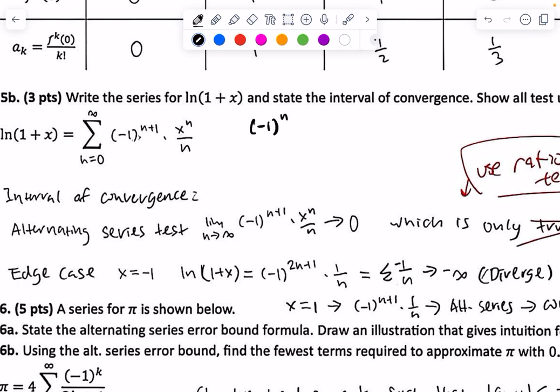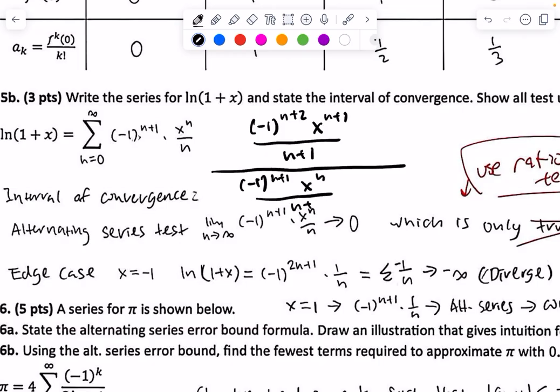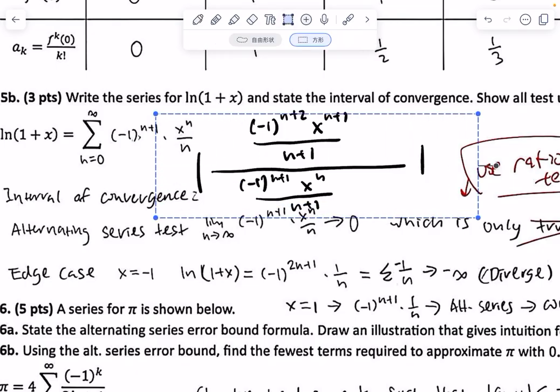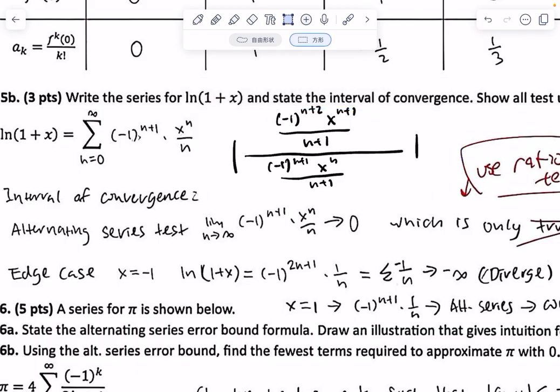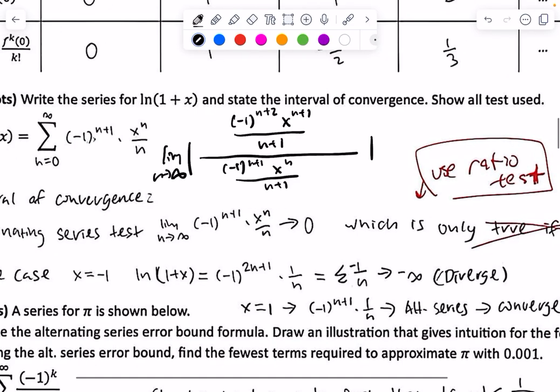So n plus 1 becomes n plus 2, and you want to divide by the original, and you want to take the absolute value of this.